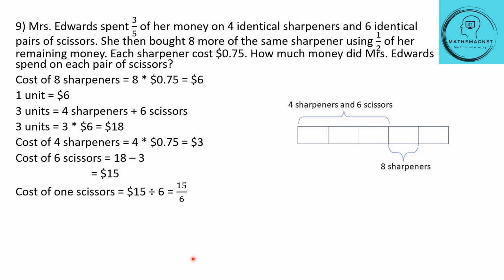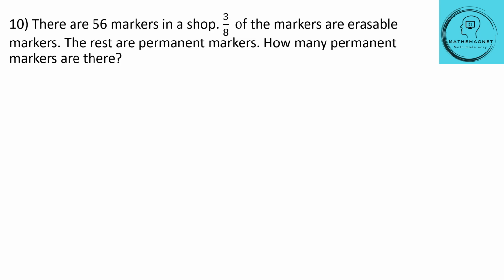So the cost of one pair of scissors will be equal to $15 divided by 6, which is 15 by 6, which can be rewritten as 3 by 6... which can further be simplified as 1 by 2 dollars, or to write in a proper way, $2.5. So the cost of one scissors is equal to $2.5.